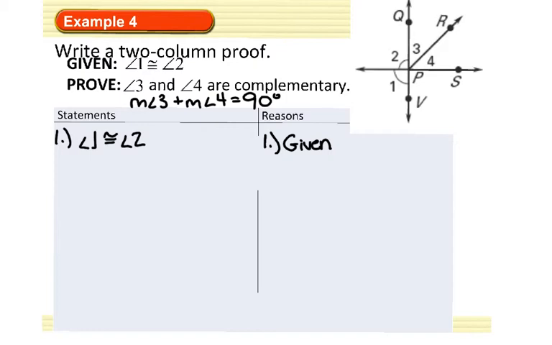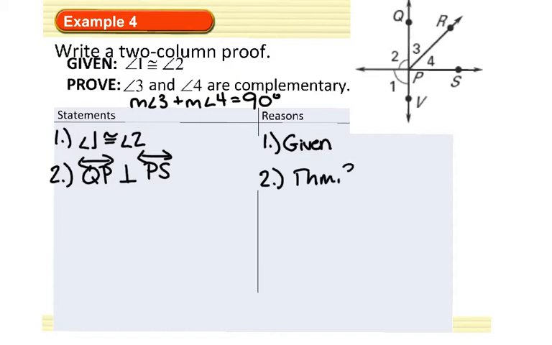So we can go ahead and state that these two lines, QP and PS, are perpendicular. So QP is perpendicular to PS. So that's theorem 3.8.